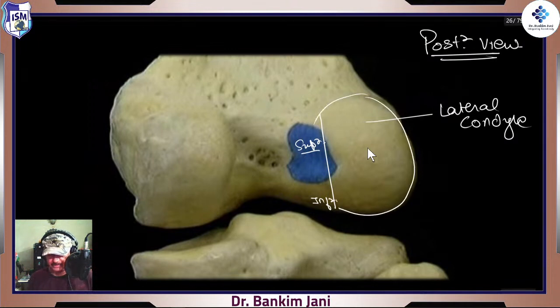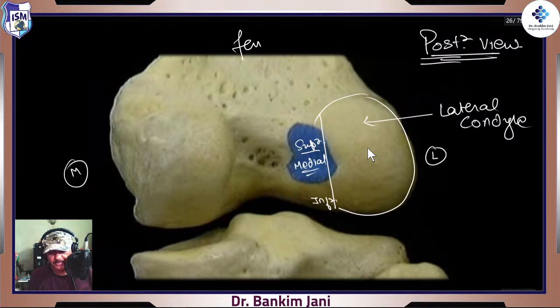So this blue area which has been marked would be the medial aspect, because this is lateral, this is medial, and obviously this entire unit is now posterior. So it is crystal clear, for the femur, it is the superior and posteromedial part of lateral condyle.